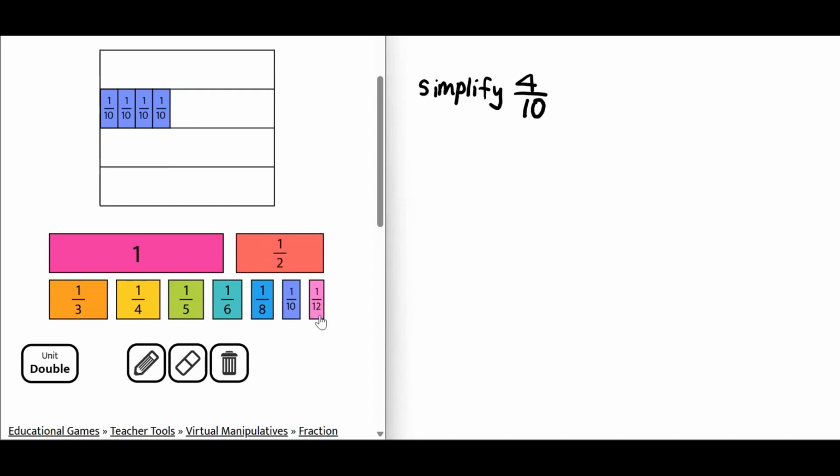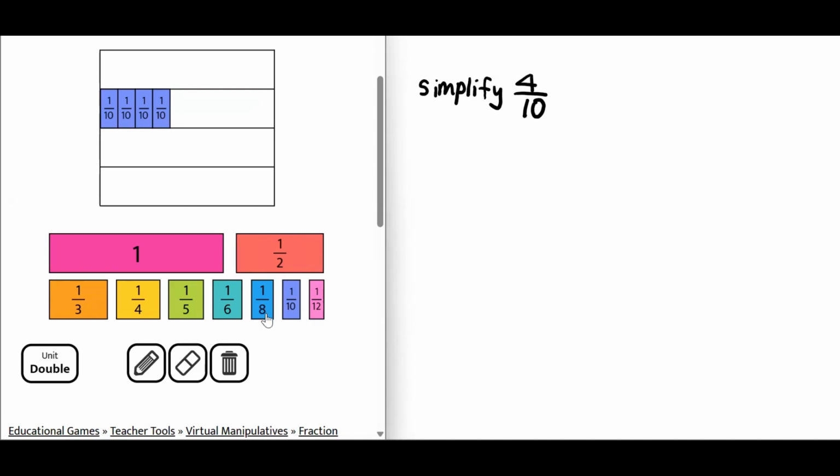So, do you think if I use 1/12, I will be able to get fewer pieces? No, because 1/12 is smaller than 1/10. So to make it the same length, I will need more pieces. So I should be looking at fractions that have a smaller denominator than 10.